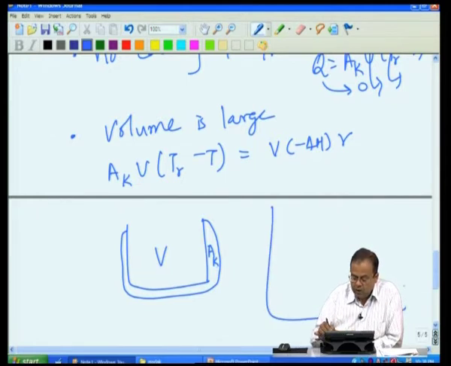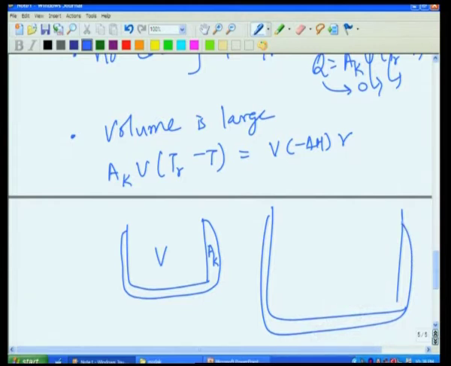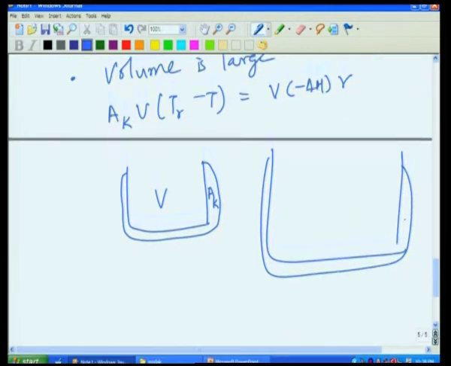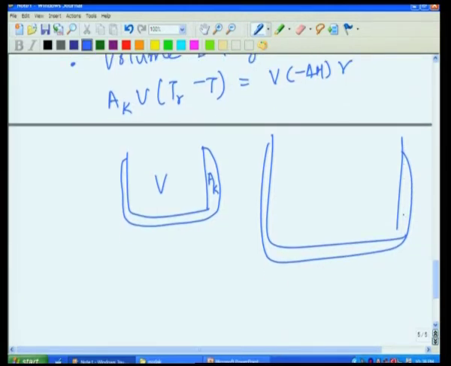Now, I increase my volume. What happens in my reactor system? My generation rate over here is proportional to volume raised to power 1. But what about AK, my heat removal rate?